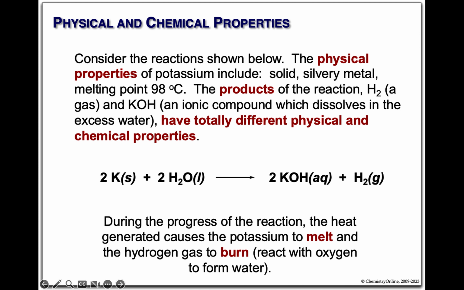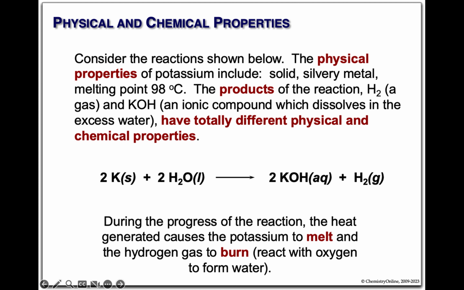L is liquid. AQ means it's dissolved in water, aqueous, and G is gas. Bottom line, what this equation tells us is that if we take potassium, add it to water, we will get potassium hydroxide and hydrogen gas.